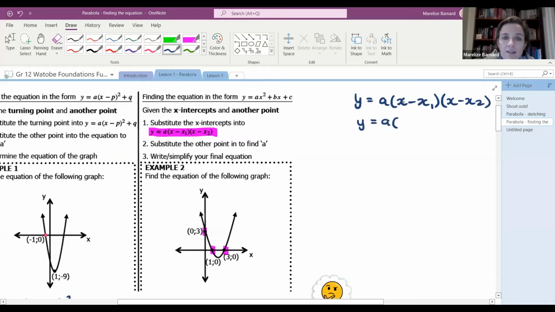So x minus x1, I'm going to use 1 as my first x-intercept, and the other one is 3. So we substitute those x-intercepts in. So let's write here what we are doing, sub in the x-intercepts.